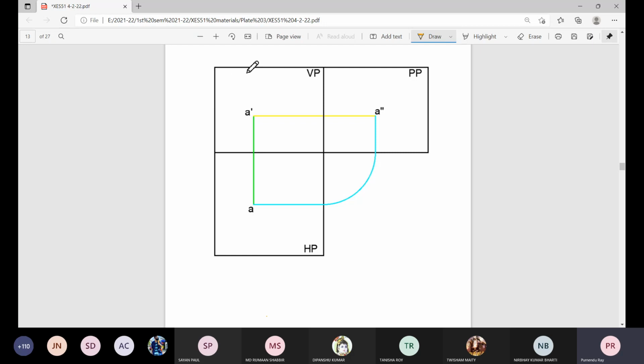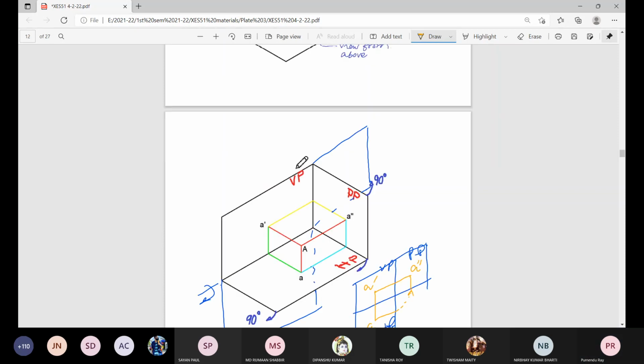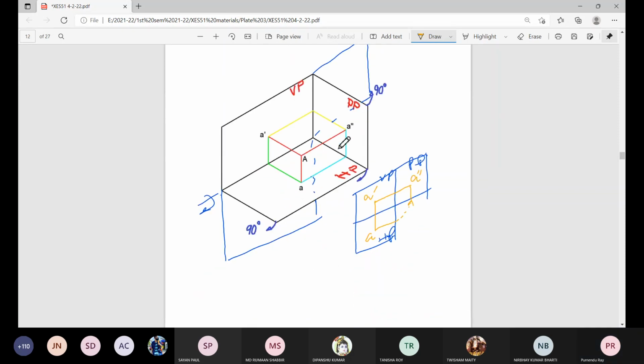This is the presentation of those three cardboards, VP, HP, and PP. These lines are all mutually perpendicular. As you see, there are three lines: capital A to A prime, number 1; capital A to lowercase a, number 2; and capital A to A double dash, number 3.